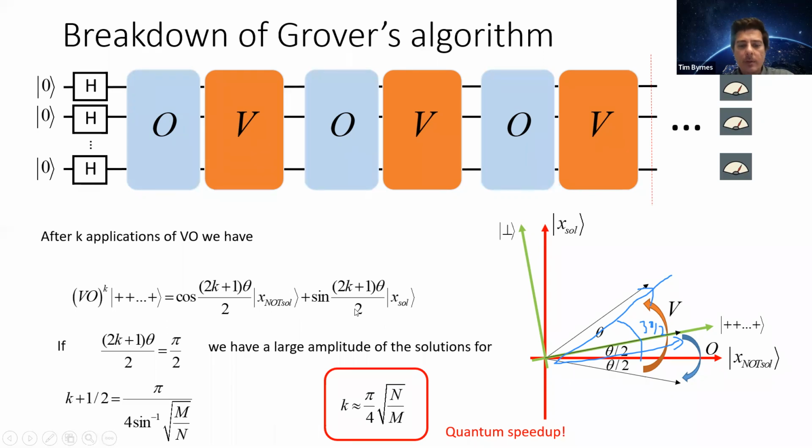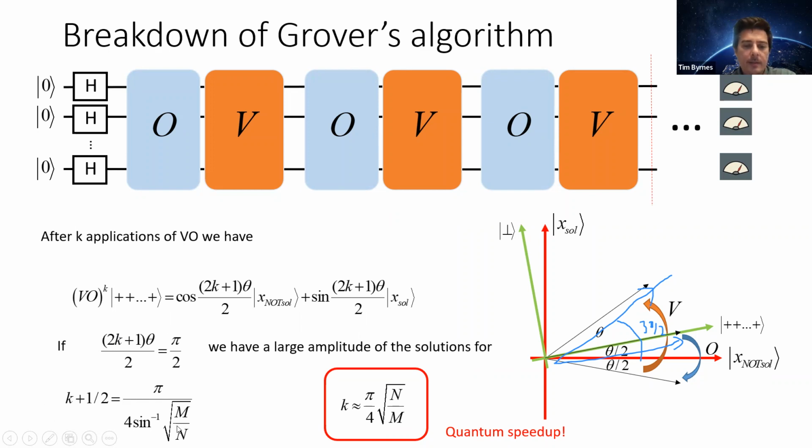So basically we need this thing to be 1. So we can just set this angle to pi over 2, that's when sine is equal to 1. So (2k plus 1) theta over 2 is equal to pi over 2. Just rearrange this for k. That's the number of pairs of OV that you need to apply.